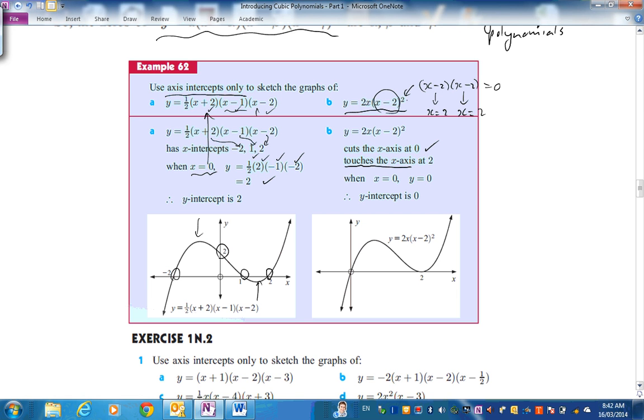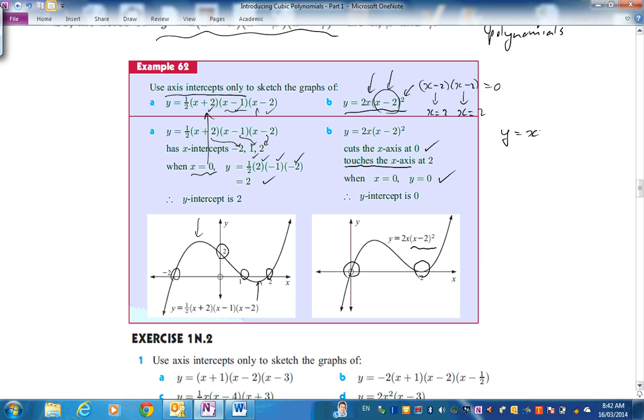And put in x is 0 in here and here, so it's going to be 0. So it goes through here, then it's got to touch there. Okay, so it's coming down, touching, and then turning around. So this repeated factor, giving you a repeated 0, means a touching point on the x-axis. We just revised that back in quadratic theory.